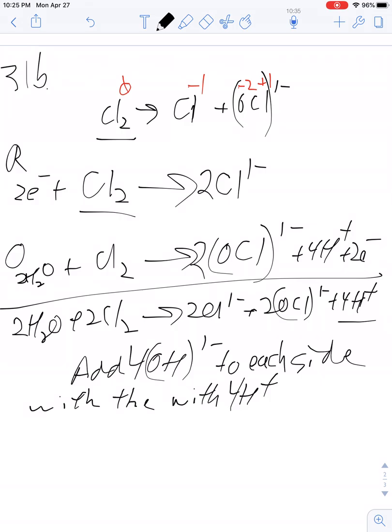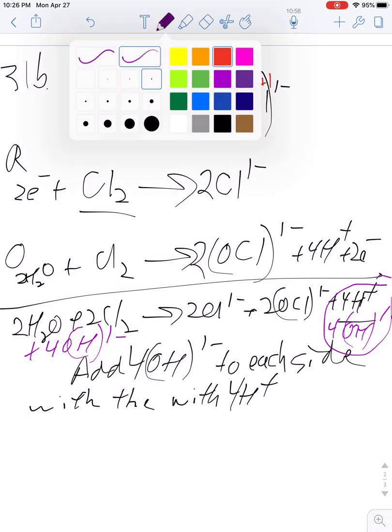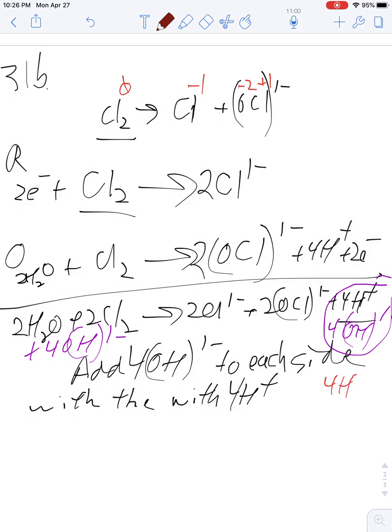So what I'm going to do is add 4 hydroxides to each side. I picked 4 because those guys will combine to form 4 waters.